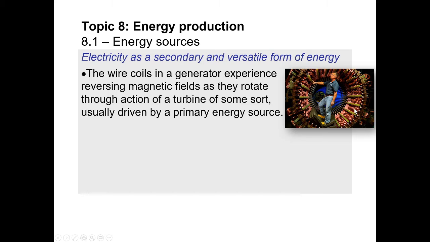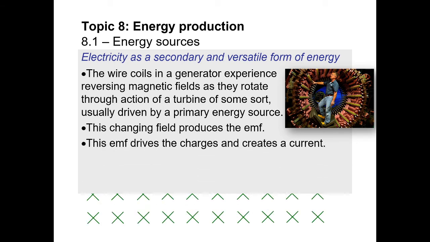That means it's constantly being exposed to different strengths of magnetic fields. This is how we generate electricity. We will investigate this in much more detail as we study the nuclear reaction and nuclear reactor process, as well as the power generation plants fired by coal and oil.